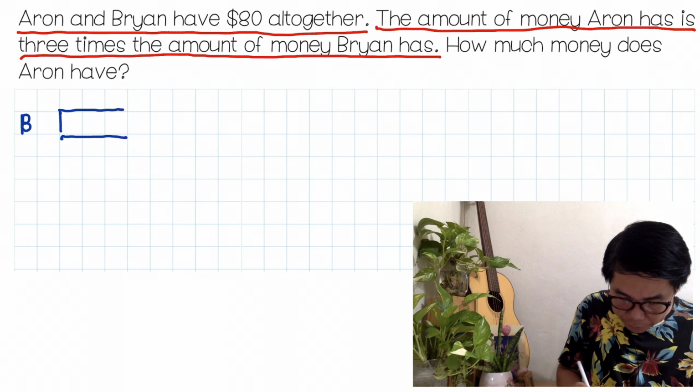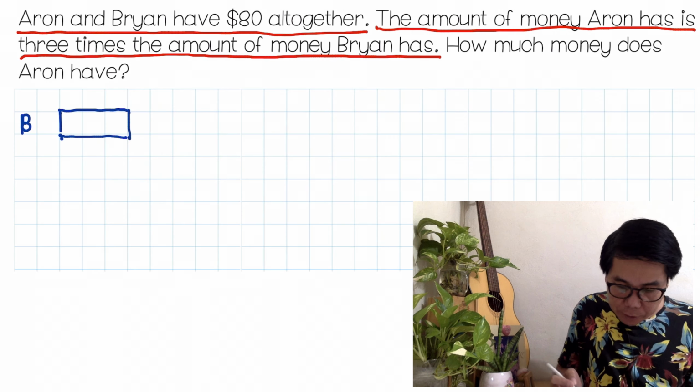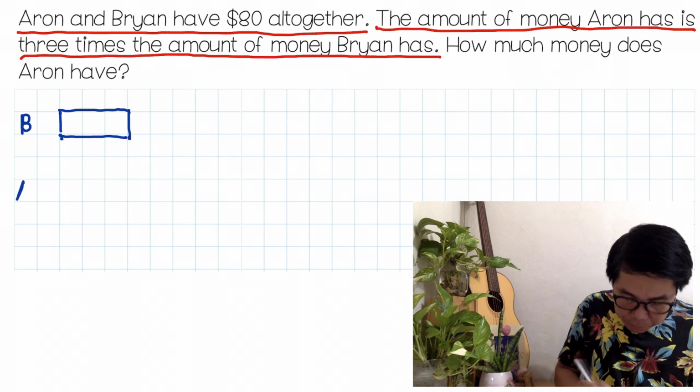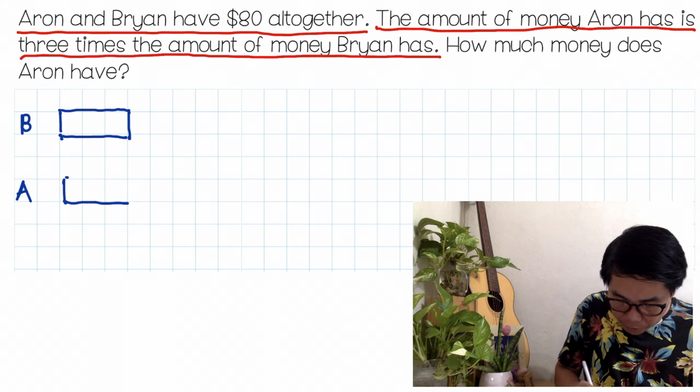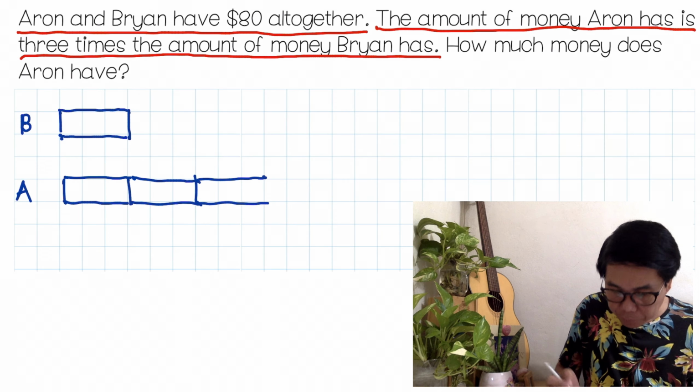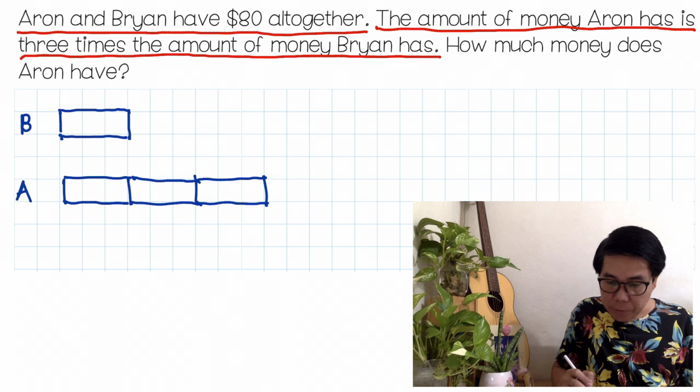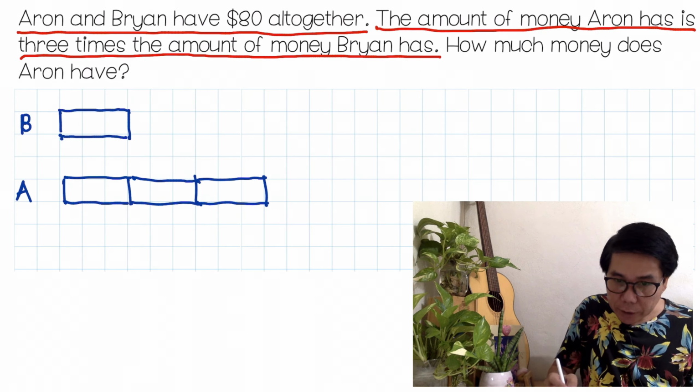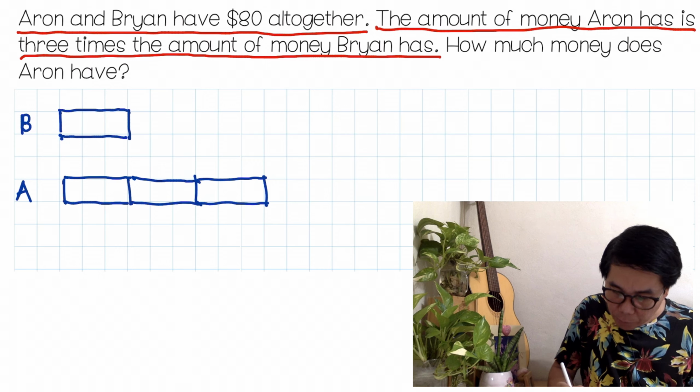Okay, and it is 1 unit. Now for Aaron, he has 3 times. So 1, 2, 3. So we have here now the models for both boys.